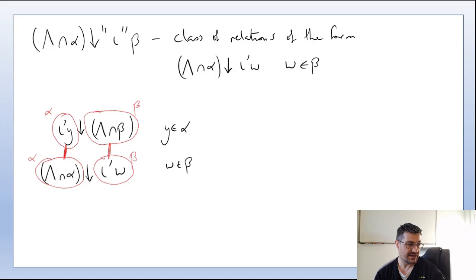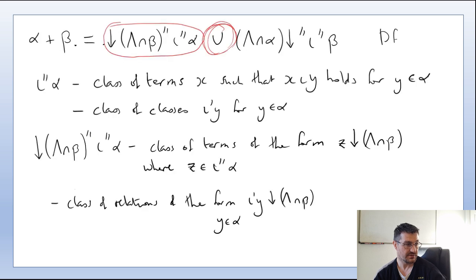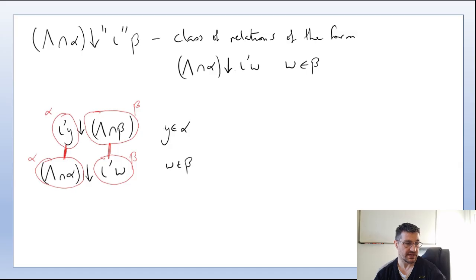So what I can do then is jam all of these relations together into this class, alpha plus beta. Okay, so the number of relations.